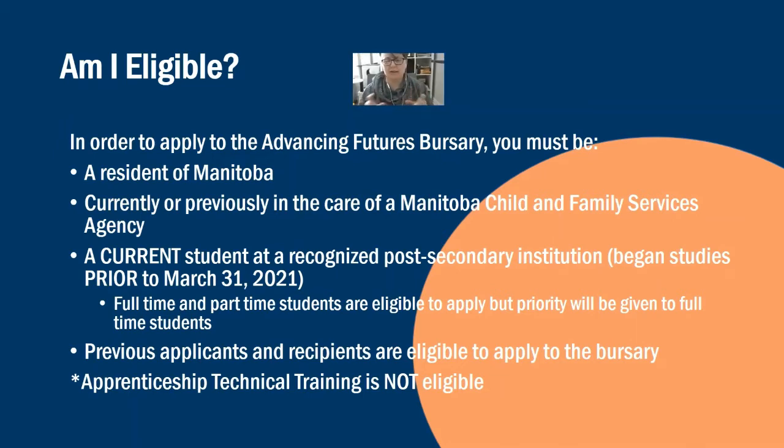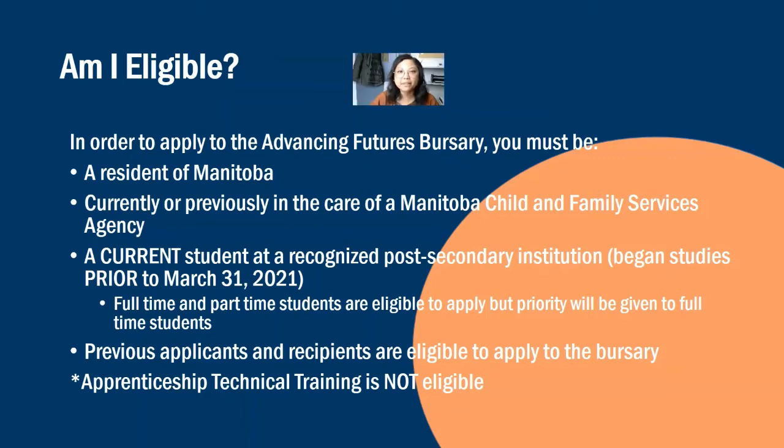And there's just one tiny exception to all of this: if you are going to school outside of the province of Manitoba, we will consider your application only if that program is not offered here in Manitoba. So one example that I've learned about was veterinary school, and they don't offer it here in Manitoba. You have to go to Saskatchewan. So in that case, we would consider somebody who is attending a school outside of Manitoba.